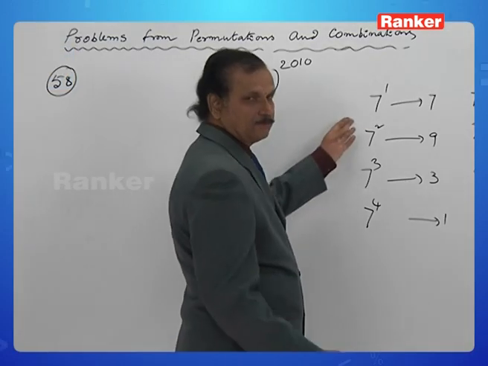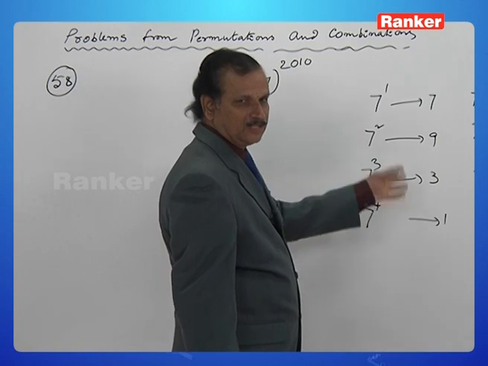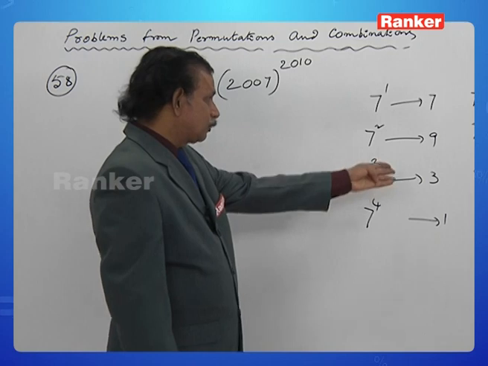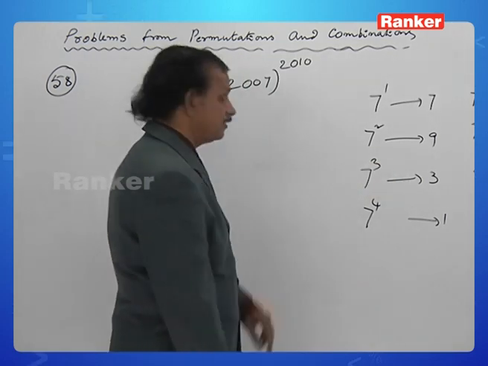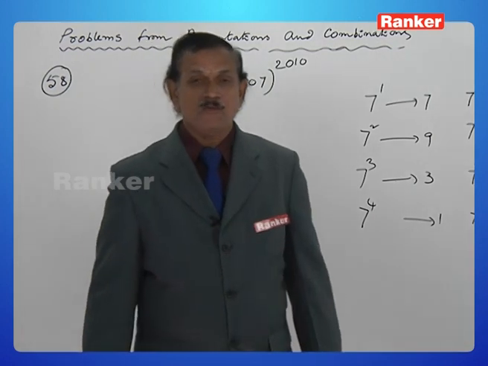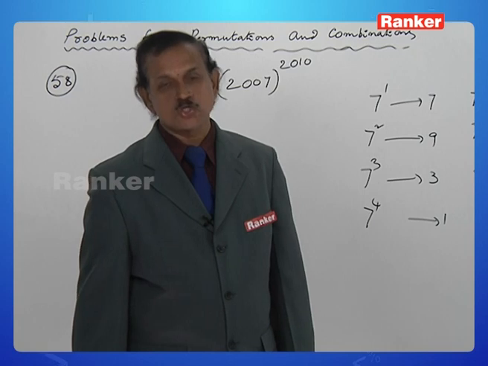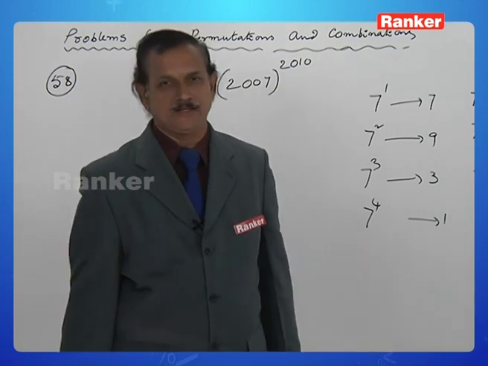So you may have to observe these things to get the actual last digit. One more question you may raise. That explanation is given in terms of sevens and the number given is 2007. How can it be valid for this? We are interested to find the last digit, that is the units digit only.